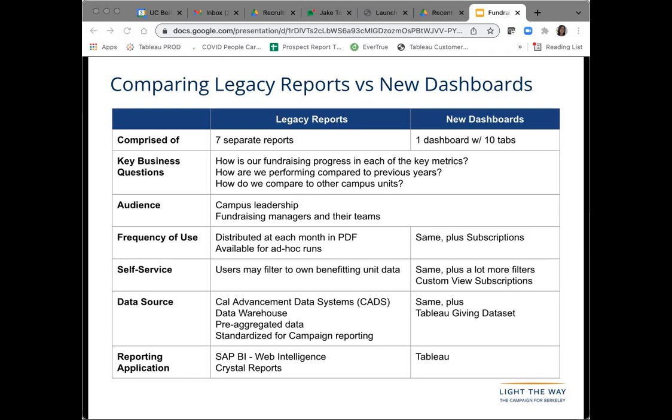So it makes things consistent as we apply these metrics across different reports, across environments even, right? But with Tableau, we did translate that set of the giving data into a Tableau giving data set. That made it much easier in Tableau. And then the applications, as you can see. All right.